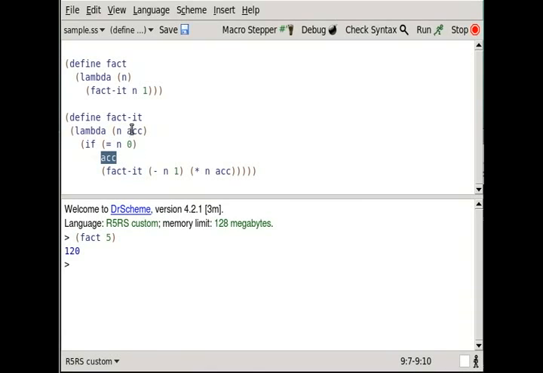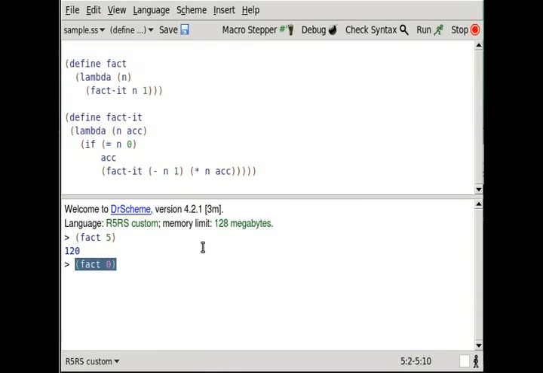So if we called fact of 0, which is mathematically defined as 1, this would return 1 because the accumulator would be equal to 1. And if we called fact of 1, it would be 1 as well. Now it starts out multiplying n right away by the accumulator, which is 1.